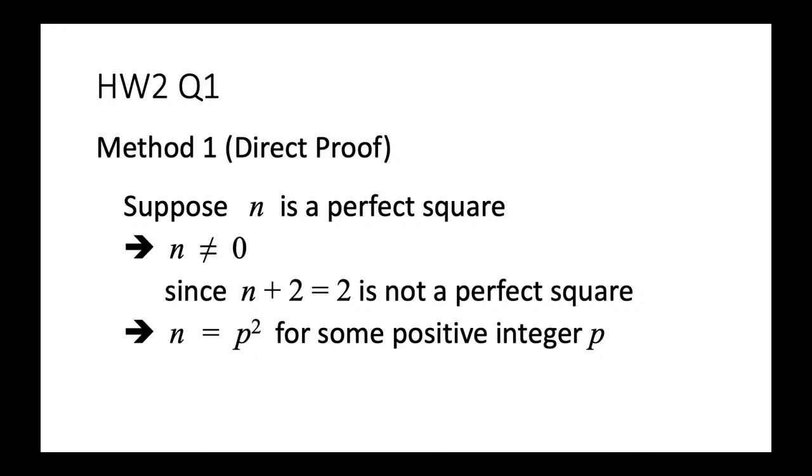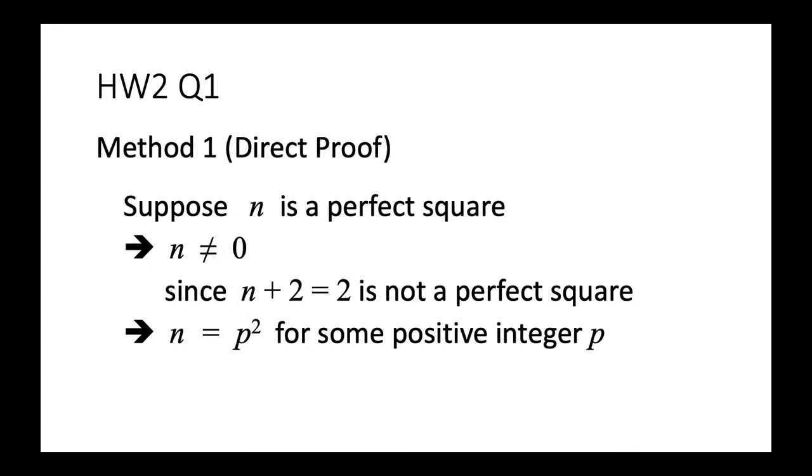In such a case, we can safely assume that n is equal to p squared for some positive integer p. Because n is a perfect square and not 0, it must be some integer square, so we can ignore all the negative integers and focus on the positive integers.